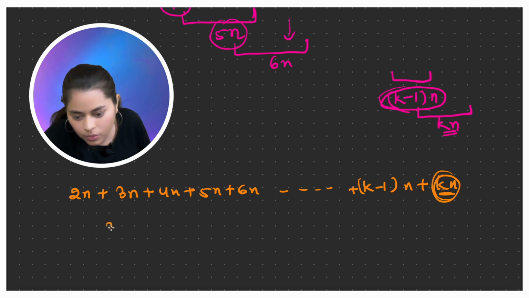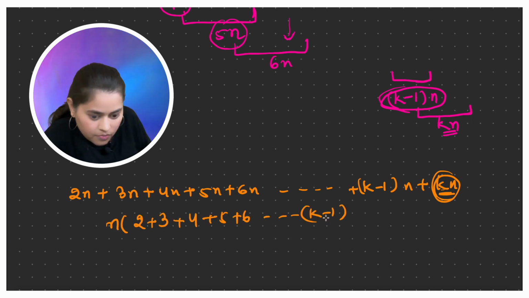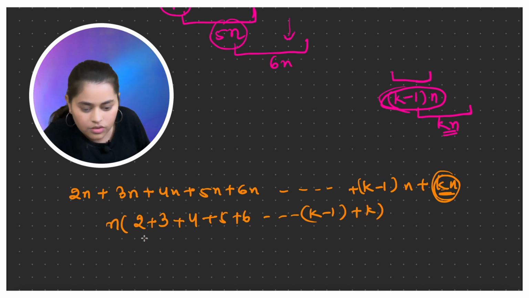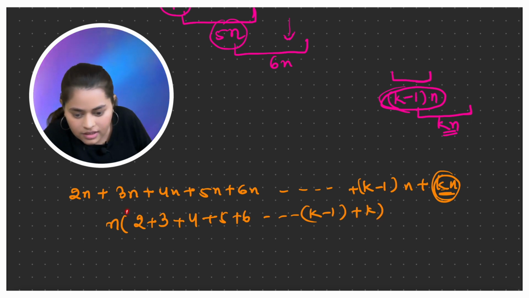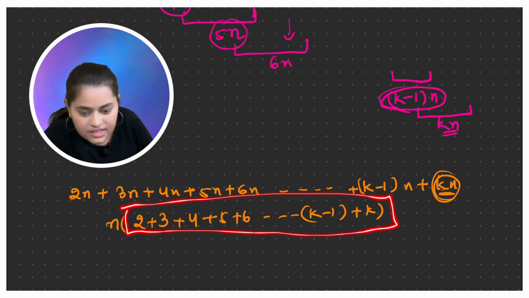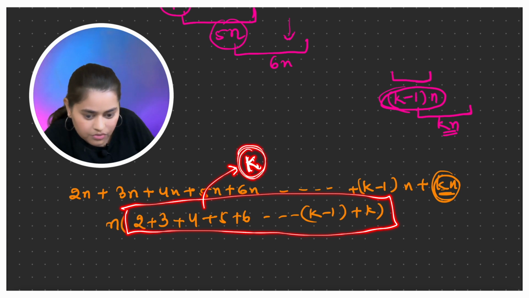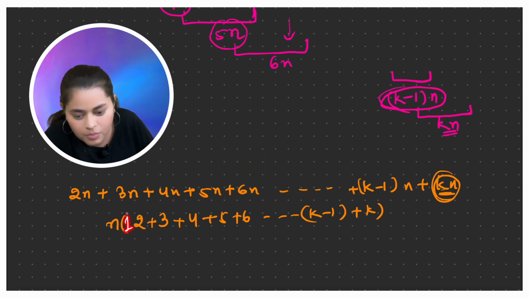Now we can take n as common, so we'll be left with 2 plus 3 plus so on plus k, right? If you see this series closely, it is nothing but the first k natural numbers. Although 1 is not present in this series, when we talk about worst case time complexity, it really doesn't matter, right?